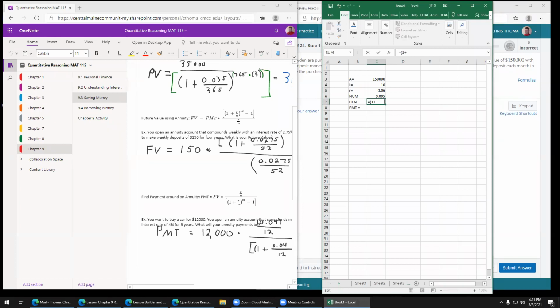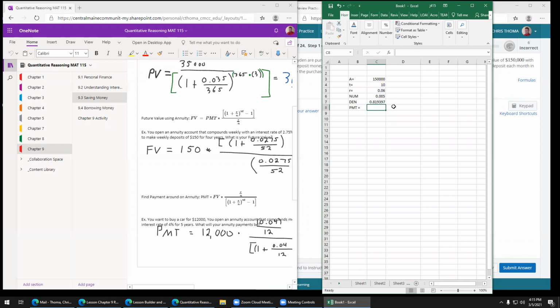Equals 1 plus the rate divided by n, which again is how often it compounds, 12. I'm going to raise that to n times years, 12 times 10. Right, so that takes care of that. And now the formula says to subtract 1 from it. So there is my denominator.